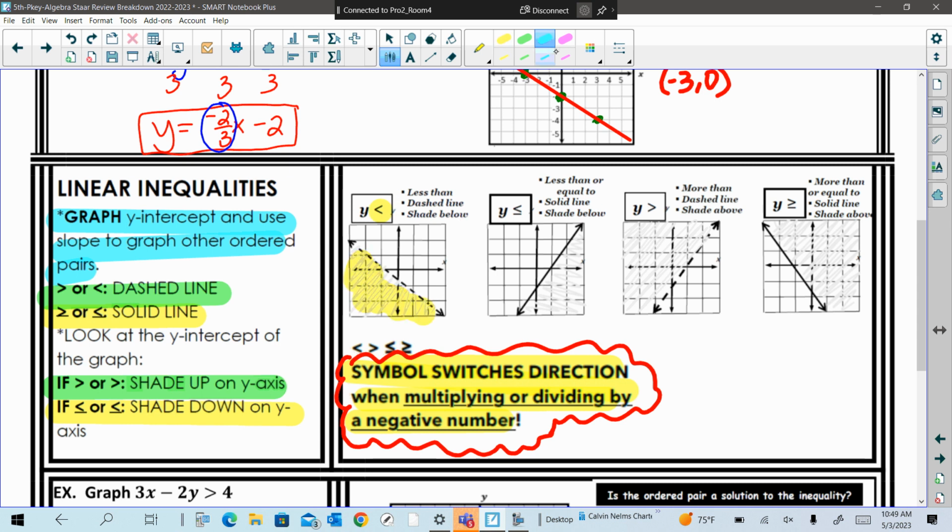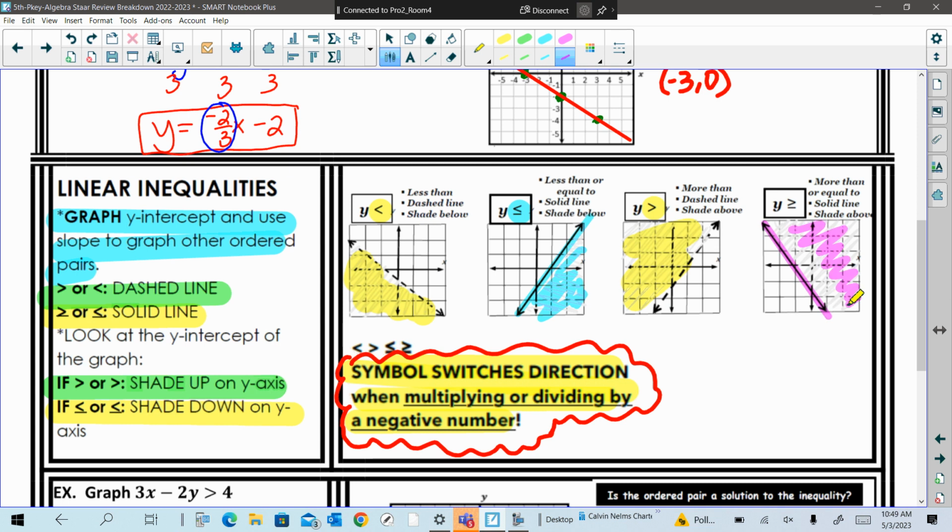This one was less than or equal to, so they had a solid line and they shade it below. We have greater than, that means we're shading above. So they've kind of already described each type of line for you. Shade above.